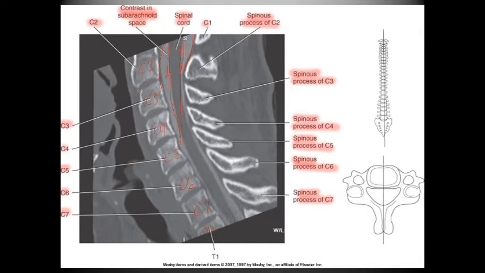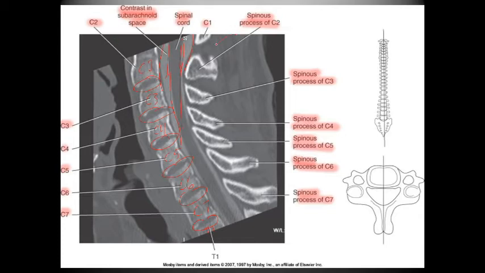We can see that we have the bodies, we have the intervertebral disc, and this contrast inside of subarachnoid space actually allows us to see whether there is any significant disc bulging, and if there is, to what degree. And as you can see, there might be a slight disc bulge, but not much at all in terms of this. Nothing certainly to encroach the spinal canal.